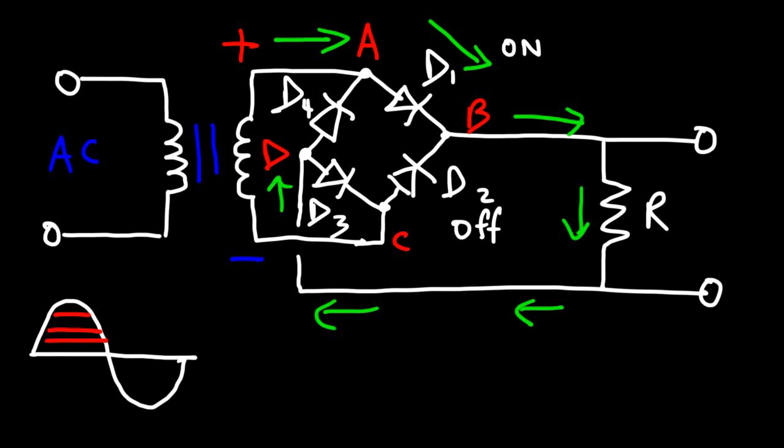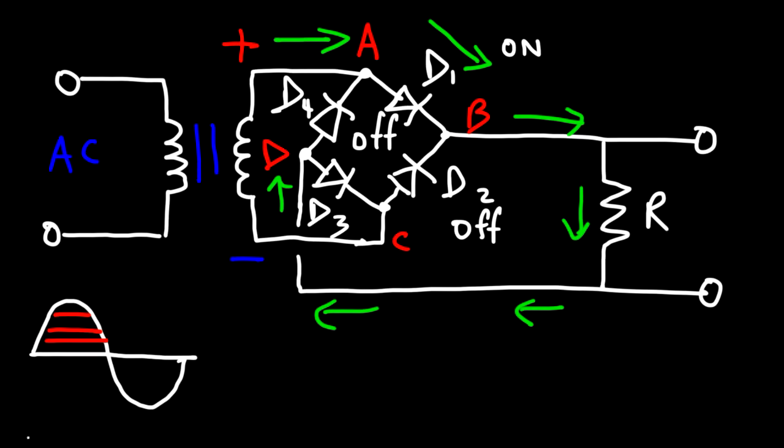Now what's going to happen when it reaches point D? Will it go through D4? Because the current will be in the same direction as the diode arrow. Now, there's no point for it to return back to point A because it was already at point A. And whenever you see that, it's not going to work. And so D4 is in reverse bias mode.